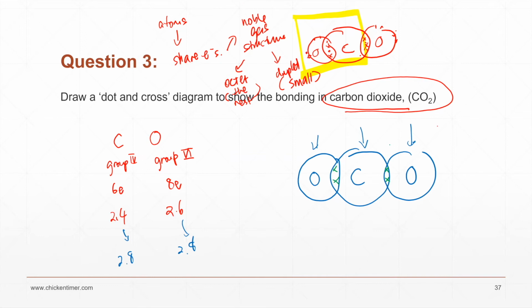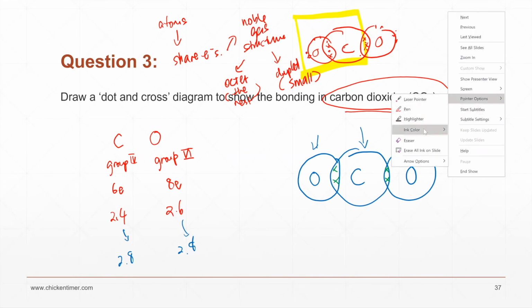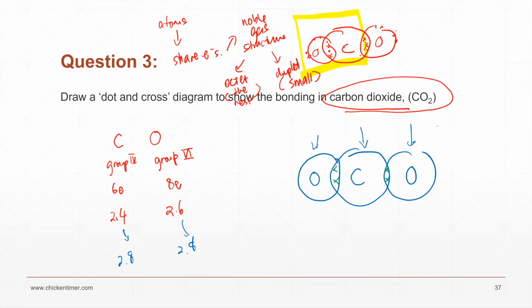For oxygen, it has 6 electrons, so in order to get 8, it has to share 2, like that. Then oxygen has 6 electrons, so you have to draw 6 dots. Same goes for the other side, the other oxygen.